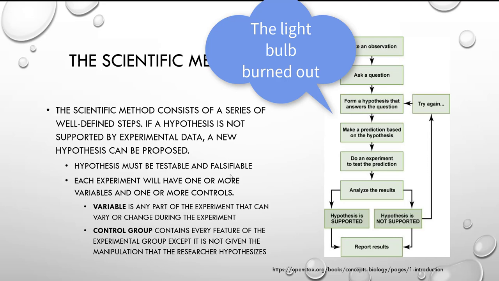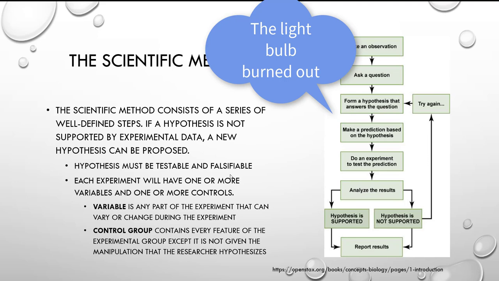If that new light bulb works, then I know that the light bulb had burned out. It was a bad light bulb. It's also falsifiable, because if it wasn't the light bulb, and I put in a new light bulb and it still doesn't work, then the hypothesis is falsified. So it goes both ways.